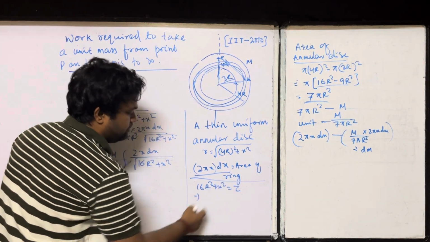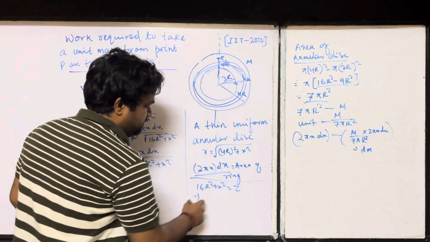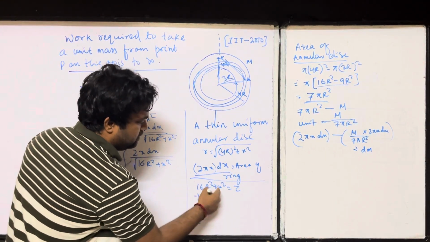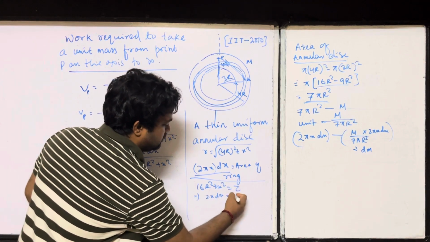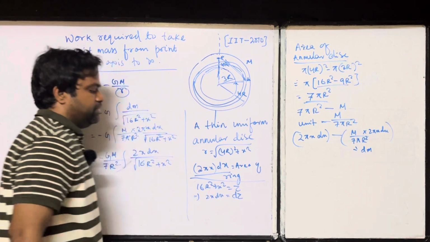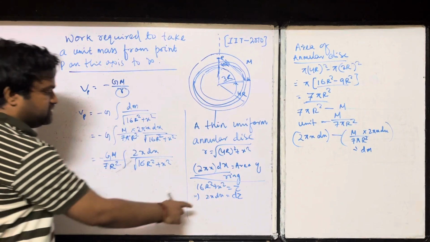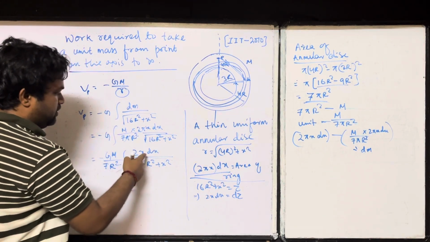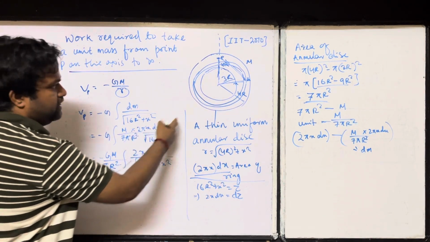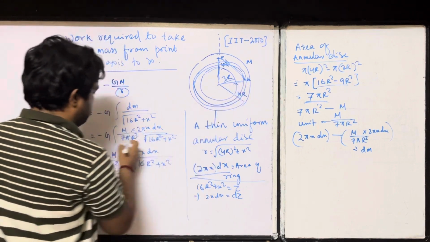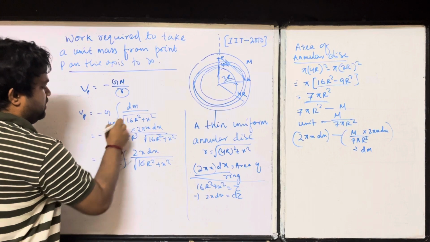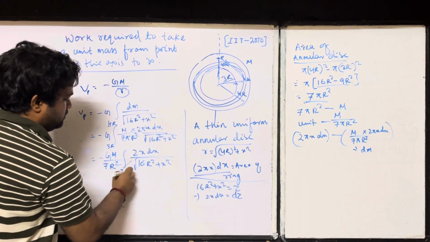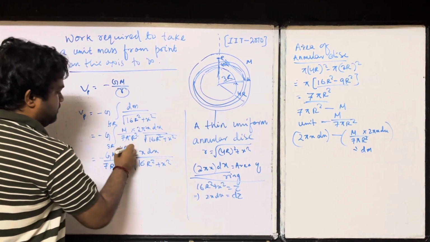If you find the derivative, the constant is 0 and the derivative of x square is 2x dx, so differentiating both sides, 2x dx is dz. The limits of x change from 3r to 4r.